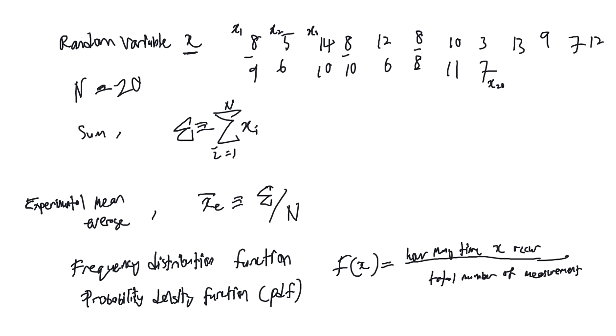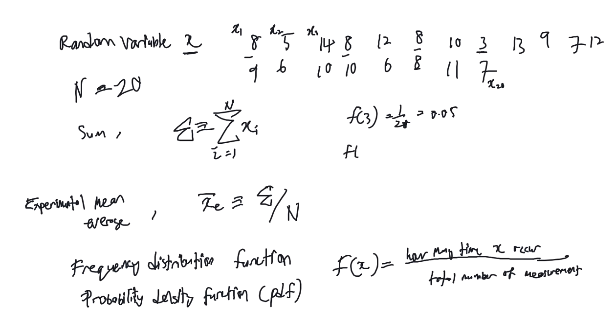So let's try numbers. In our data set we don't have 1, we don't have 2. We start with 3, right? For f3, it only appears 1, so it is 1 over 20, equal to 0.05.